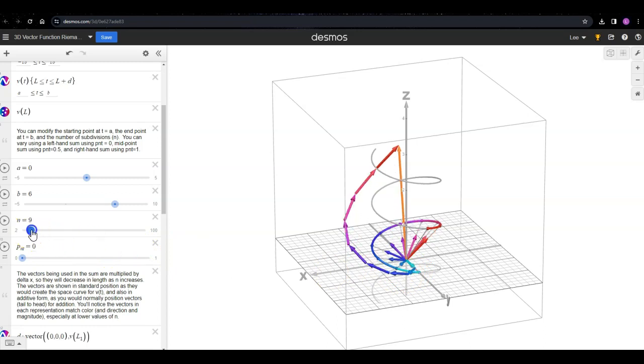As I increase my n, these vectors are going to get shorter and shorter because they're being scaled by that delta x. And I get more and more pieces, but smaller and smaller pieces. So you can see these vectors really shrinking as they go down toward the origin.